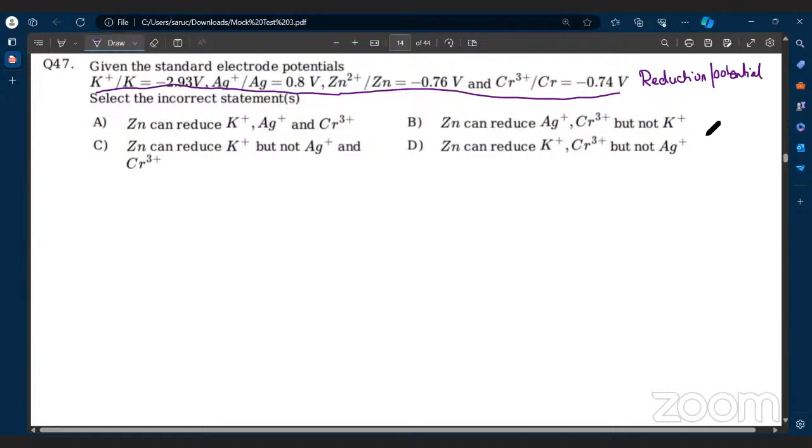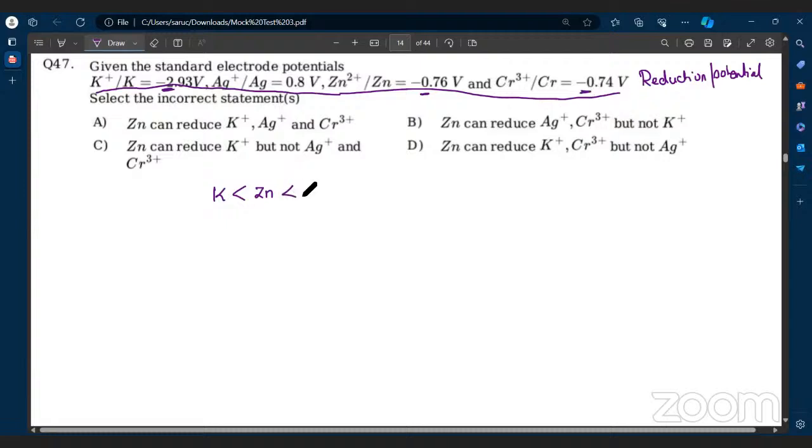So first you just arrange the elements in order of the reduction potential. The reduction potential of K plus, for potassium, is the very minimum. So potassium is minus 2.93. Then for zinc, it is minus 0.76.